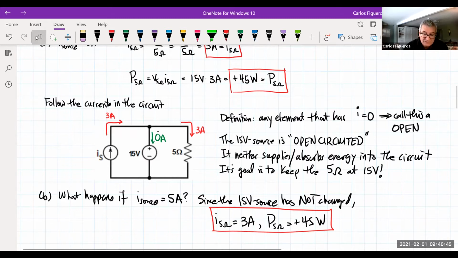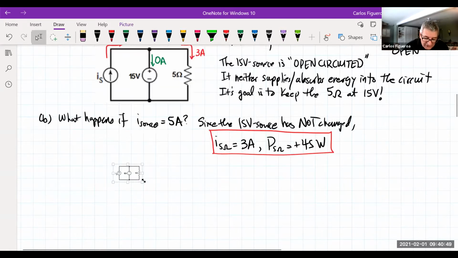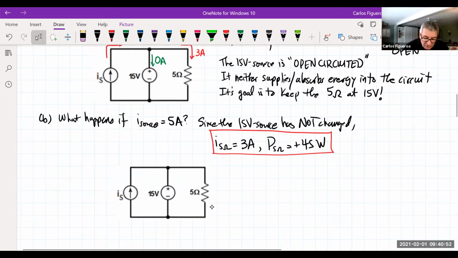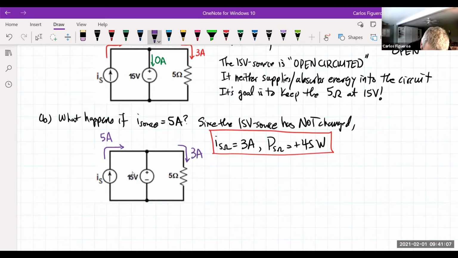So the question is, what actually happens then? Well, if we look at what's happening in the circuit this time, the circuit here has 5 amps, and we can see that through this resistor, that didn't change. So that's 3 amps. This tells us that the only way this could be true is if I have 2 amps going down here.